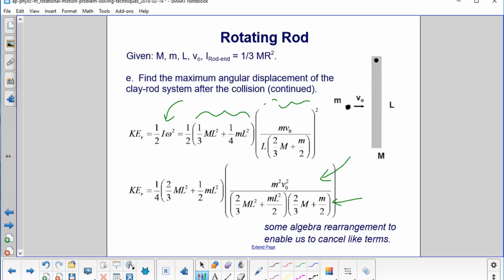Because we noticed the similarity between the first term and one of these terms. And the way to make that similarity more evident is we're going to factor out a 2 in the denominator from here. So we have 1/4, and then we're going to have 2/3 capital ML squared plus 1/2 little m times L squared. And look at that. That matches one of these guys over here.